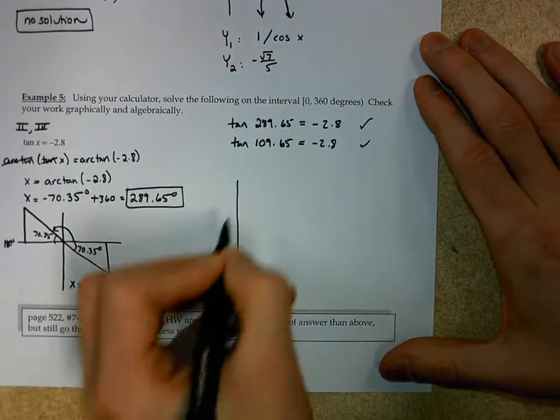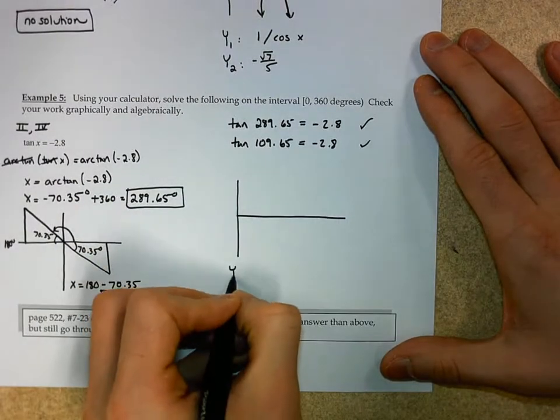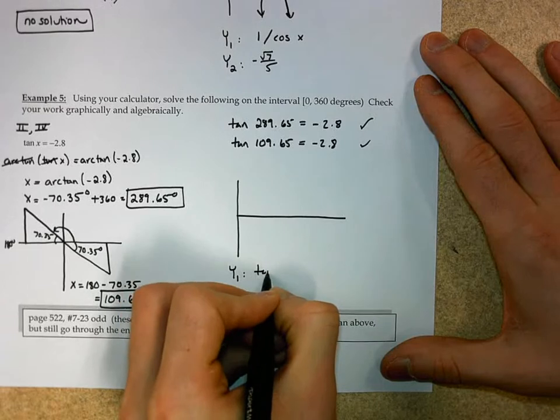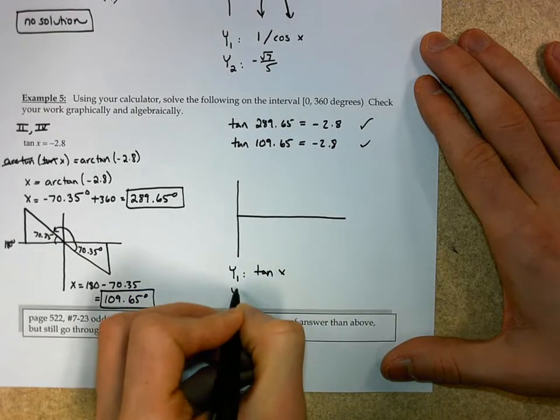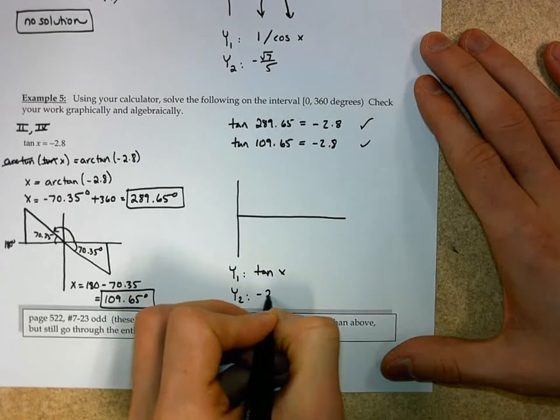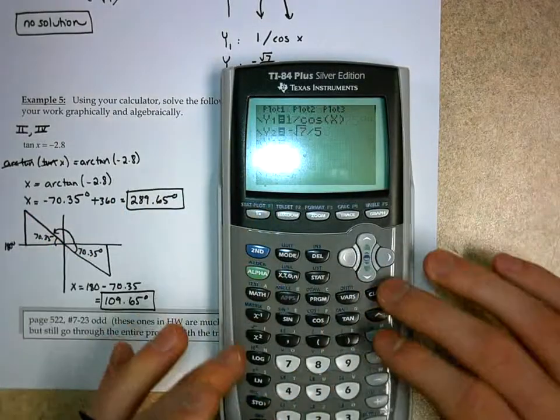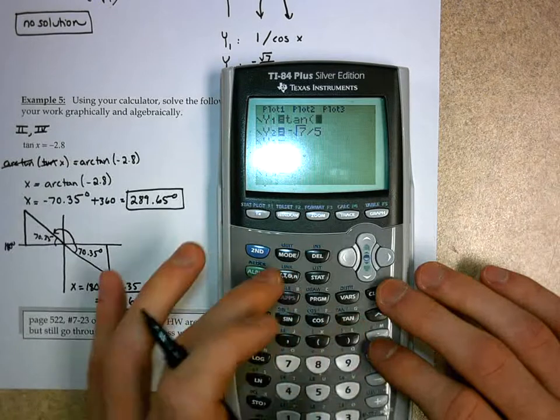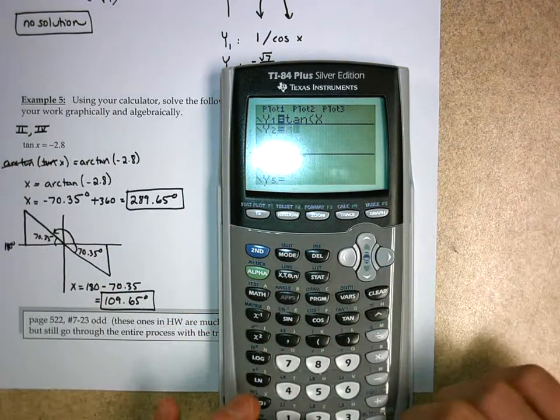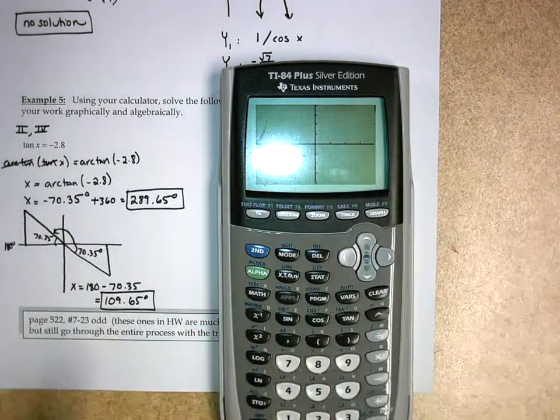And then we'll check it graphically. y1 this time is going to be the tangent of x. y2 is going to be negative 2.8. So we'll do the tangent of x and then negative 2.8.